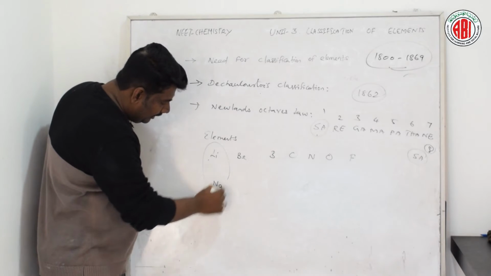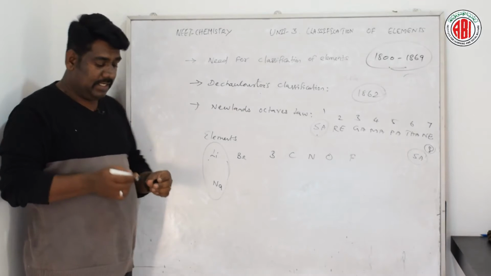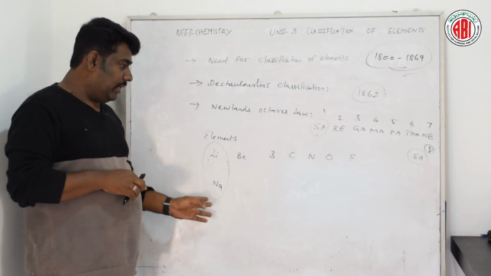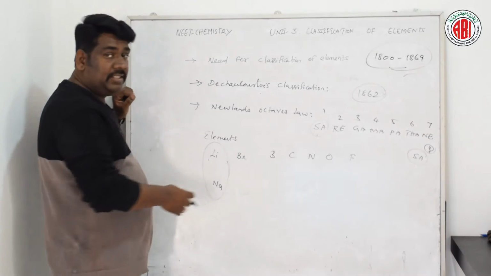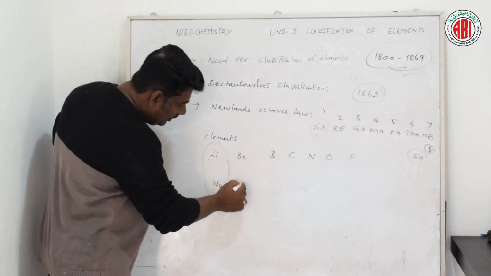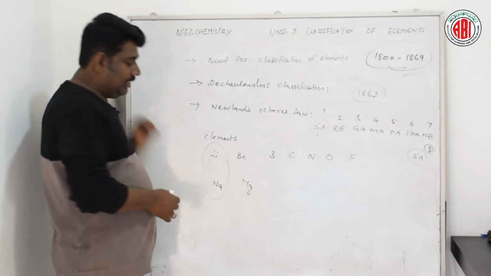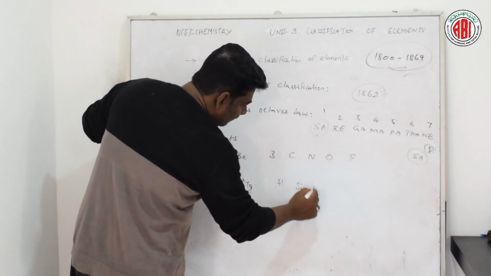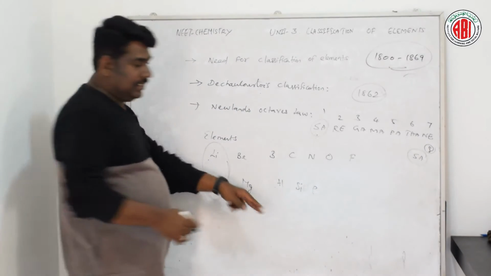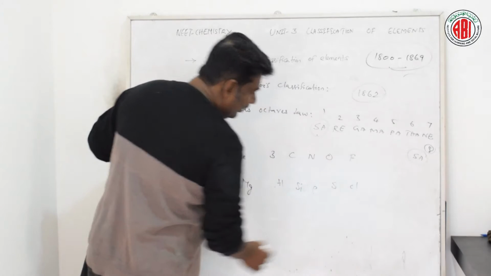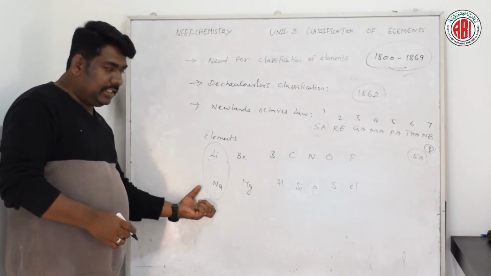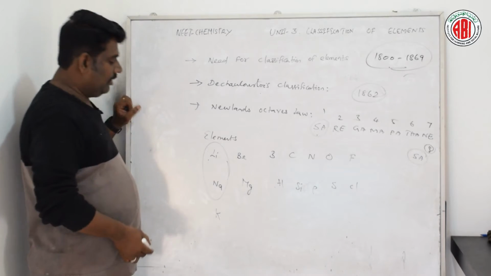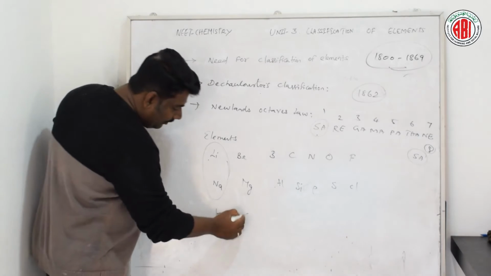These elements lithium and sodium have metallic properties, right? Similarly, if you continue with one more set of the arrangement: sodium, magnesium, Mg, aluminum, silicon, phosphorus, sulfur, and chlorine, and again it is repeating with one more metal, called potassium, then followed by calcium.